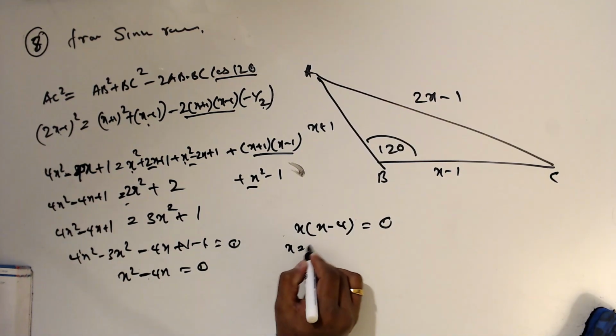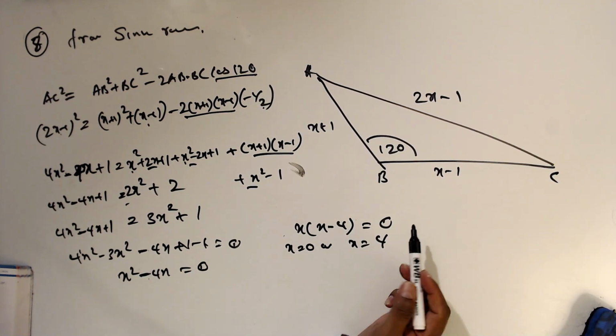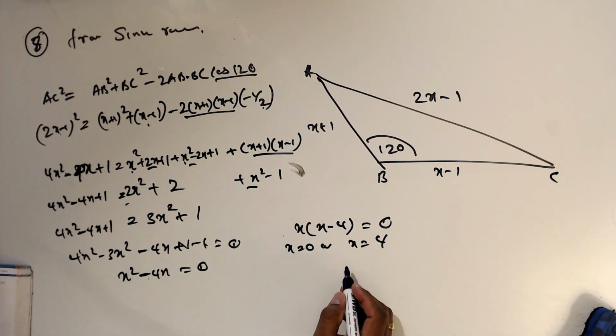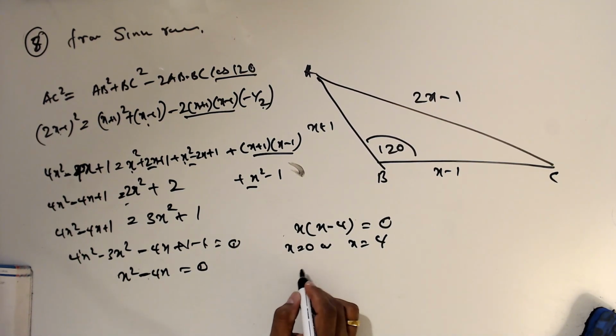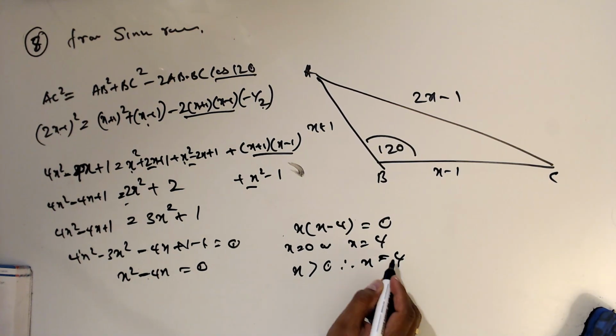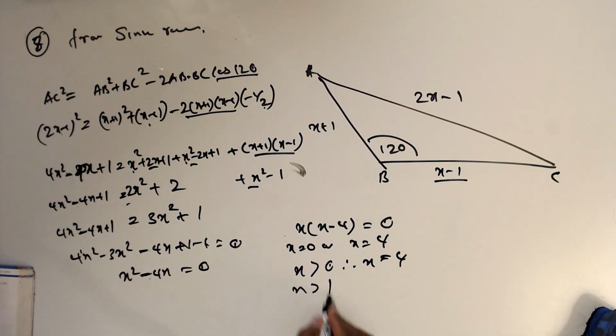So then x equals 0 or x equals 4. X equals 0 cannot be because it will make negative values, and x should be greater than 0, hence x equals 4. From here you can even tell x has to be greater than 1, otherwise it will make all the numbers minus.